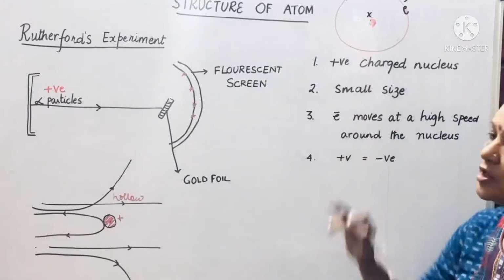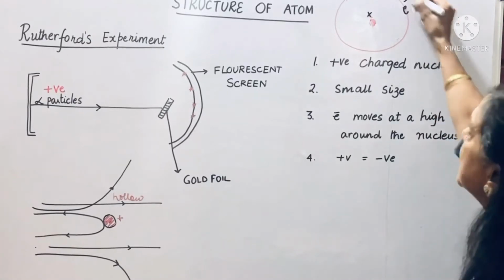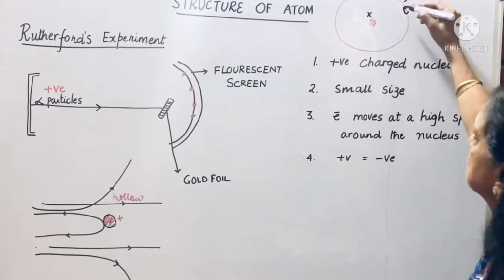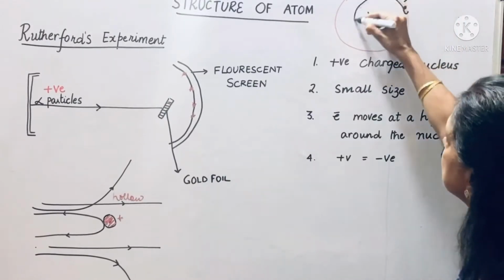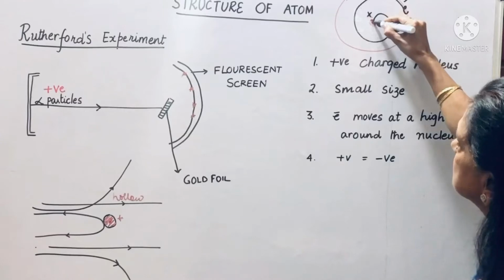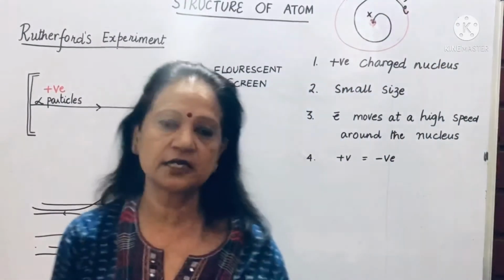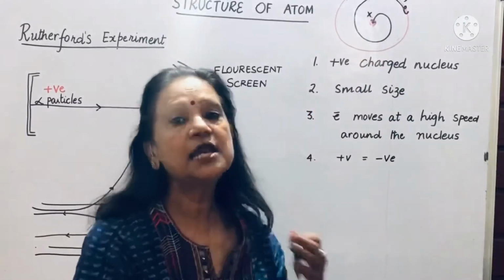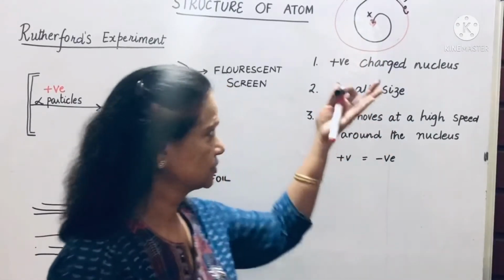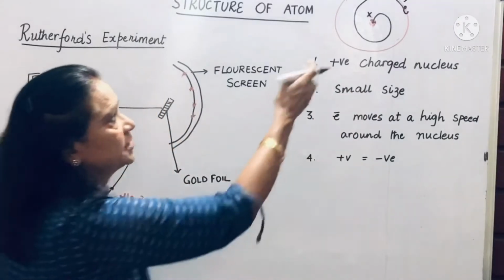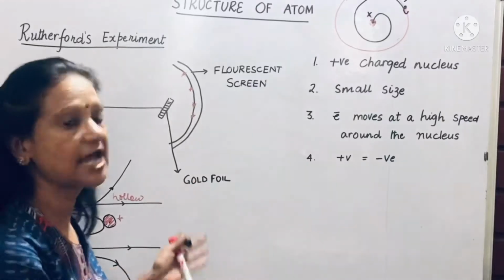While moving, it should lose energy and finally fall into the nucleus. Since the electrons are negatively charged and while moving they lose their kinetic energy, they should be falling into the nucleus, which is not happening.